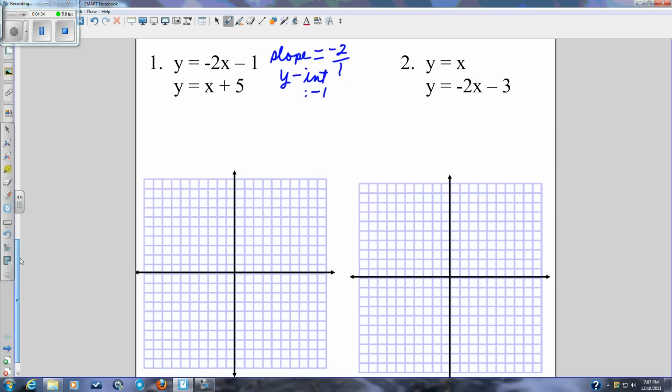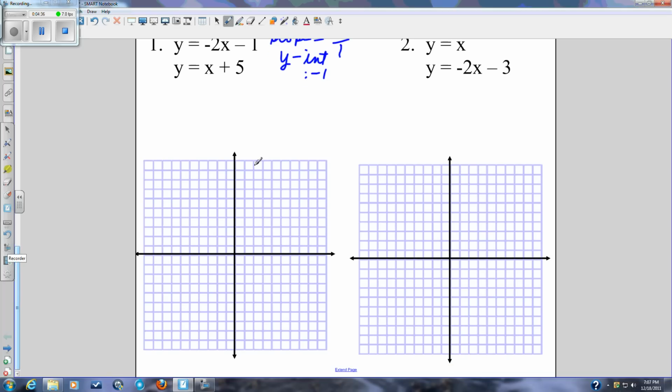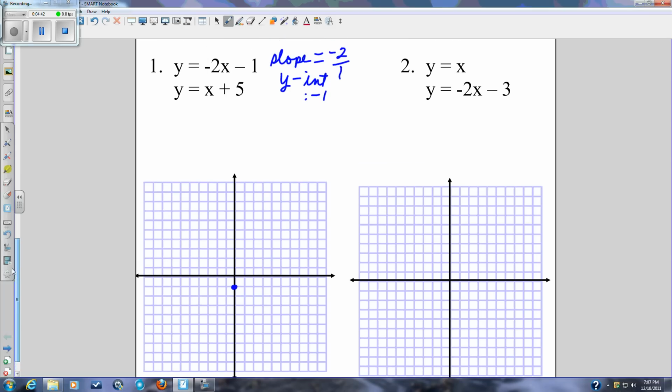We're going to start with our y-intercept, and so we're going to go to negative 1 on the y-axis, and then our slope is negative 2 over 1, so that means we go down 2 places and to the right 1, down 2, right 1, and we can keep doing that. Once you see the pattern, I would definitely continue it in the other direction for as long as you can. You'll see why in just a moment.